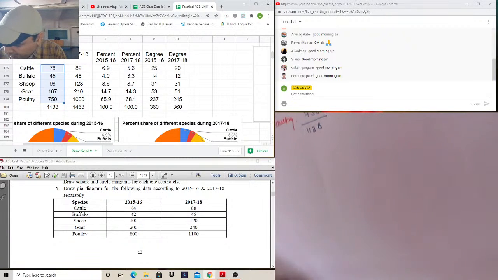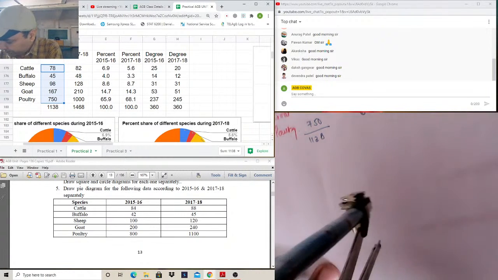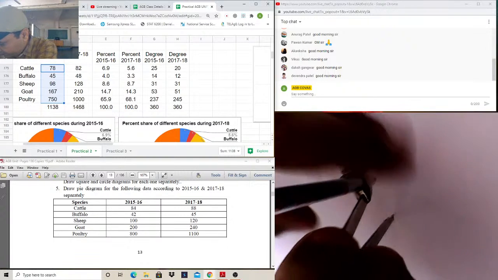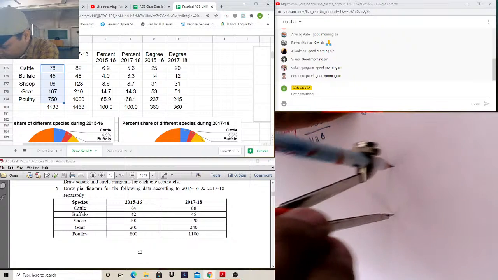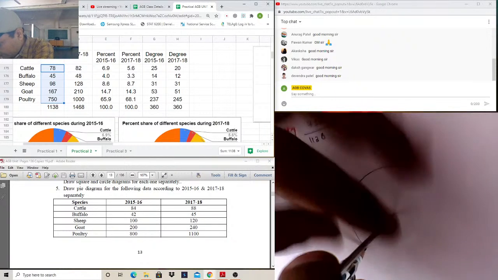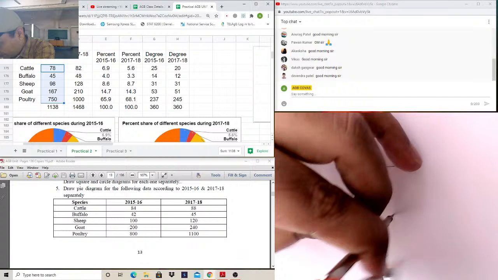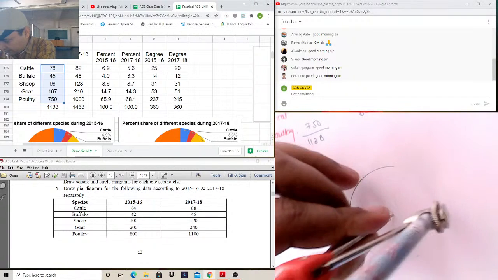So for the pie diagram particularly, I will be making a circle.